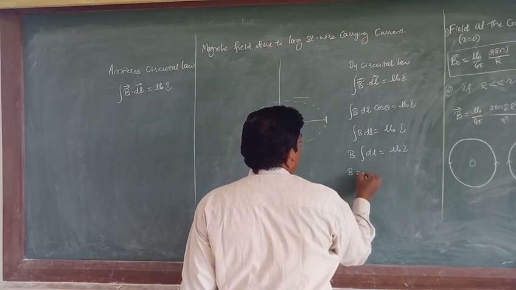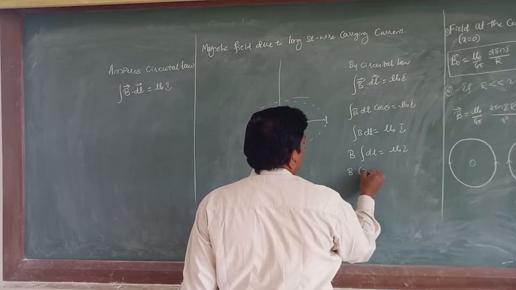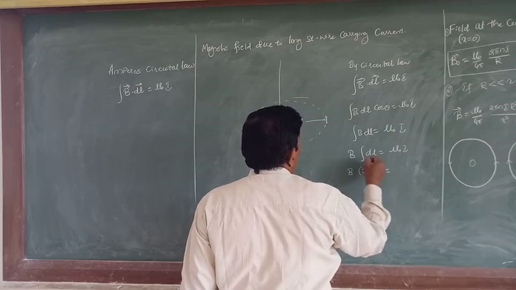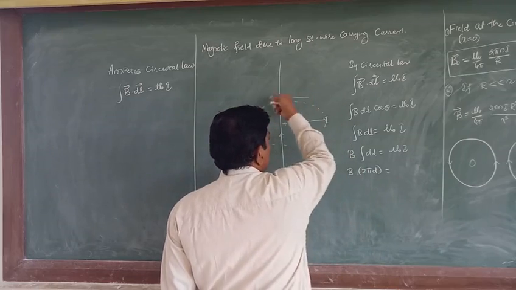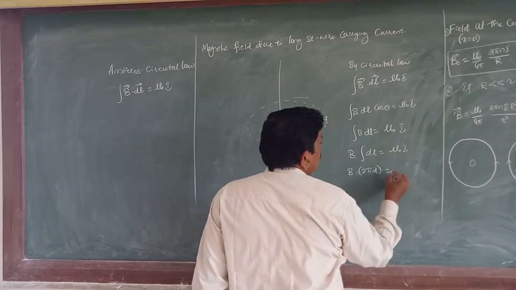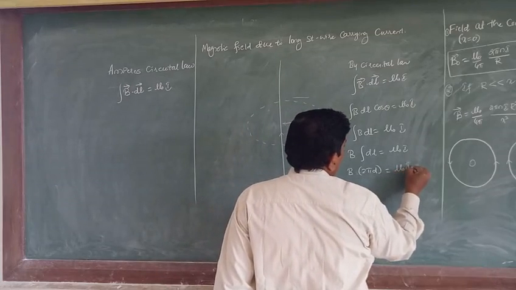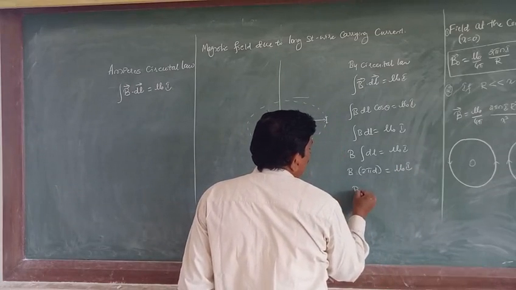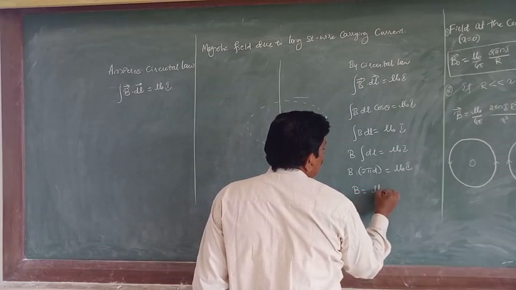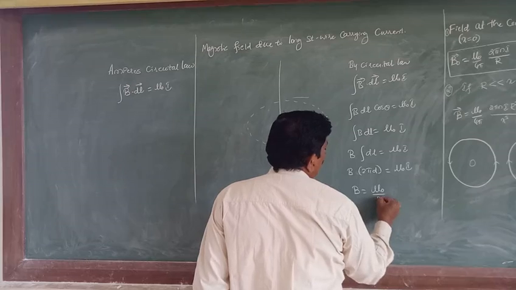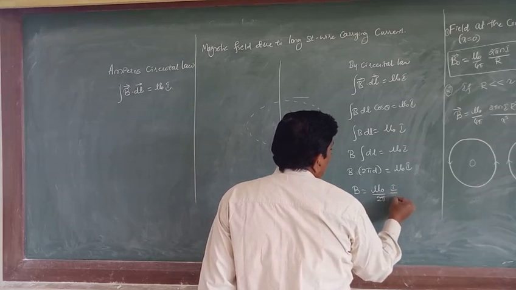Okay, integration of dl is 2 pi d. The total length is 2 pi d, that is the circumference of the circle, equal to mu naught I. So therefore the magnetic field B is mu naught upon 2 pi, I upon d.